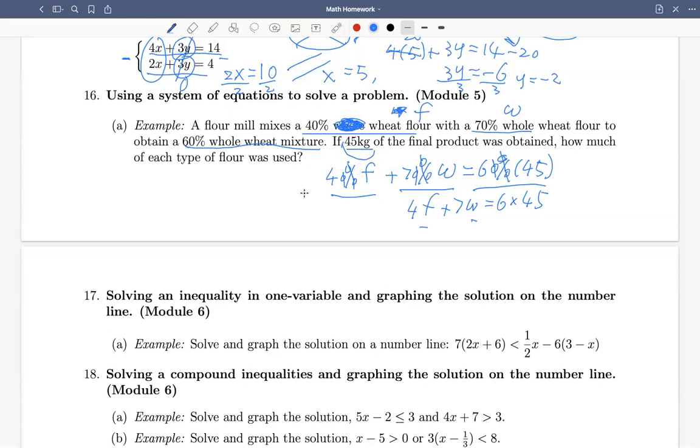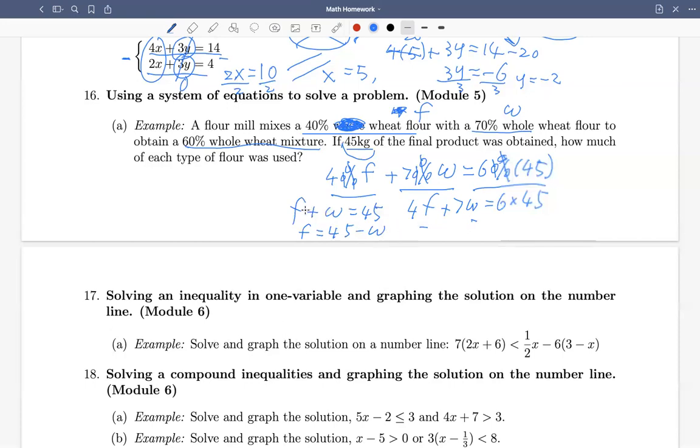So which means F, the wheat flour plus the whole wheat flour has to be same as the mixture, so 45. So that means we can write F in terms of W, 45 minus W. So then we have two equations, right?